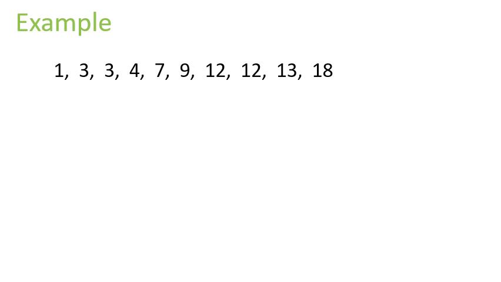So let's try an example. Alright, the data is already in order from smallest to largest, so it's ready to go. So our smallest number, this is our minimum value. And the largest number is our max. So then we've got to work out the median. So that's the middle. So 1, 2, 3, 4, 5, 6, 7, 8, 9, 10. So that means there's 5 on either side.